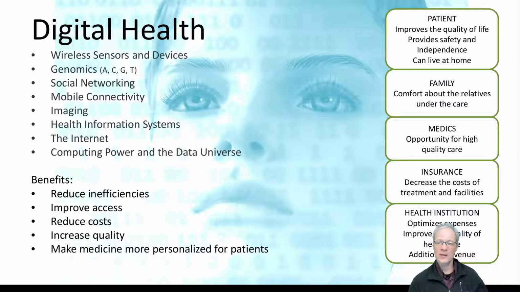So if we want to look at it a little more defined, then digital health, you could say, is a collection of wireless sensors and devices, and I must say analytics as well. It's also about genomics. More and more we can learn from the genomics of people, right? It's about social networking. How is that?